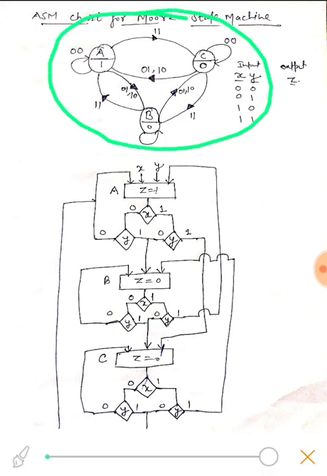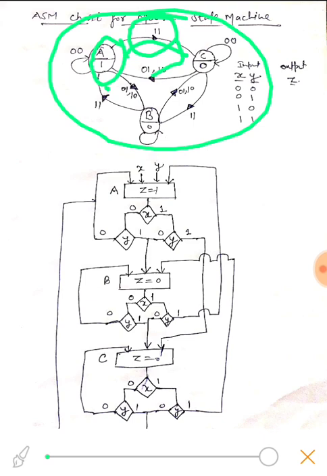Here we have a state diagram for the Moore machine, and as we already know, the output is in the circle with the state, and the transition line only consists of the input values given to the system. This is the fundamental of Moore systems, in which output is in the circle with the state.